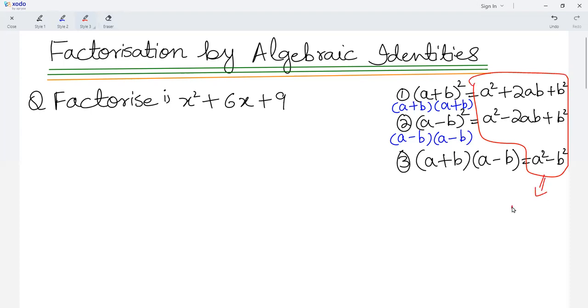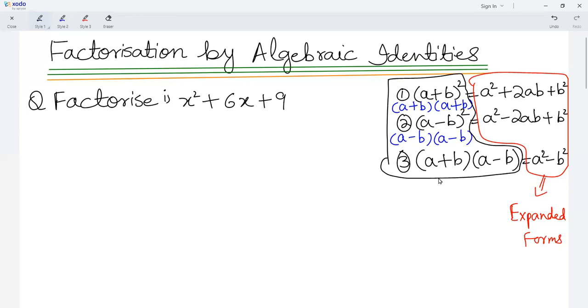I'm just writing down for your understanding: the right-hand side terms are termed the expanded forms, and the left-hand side terms are known as the factorized forms.